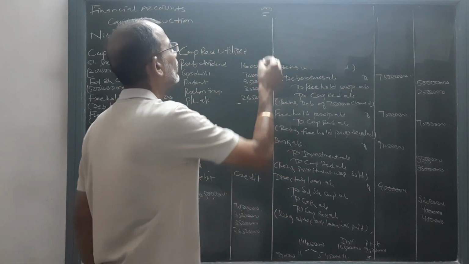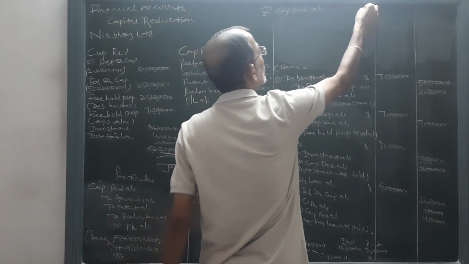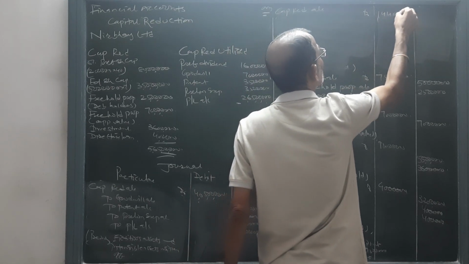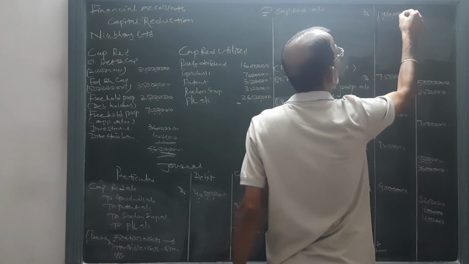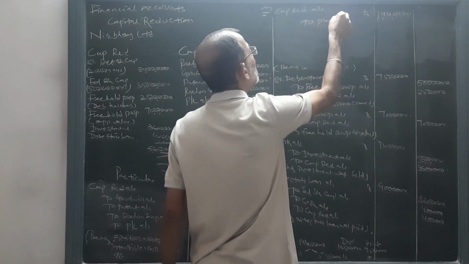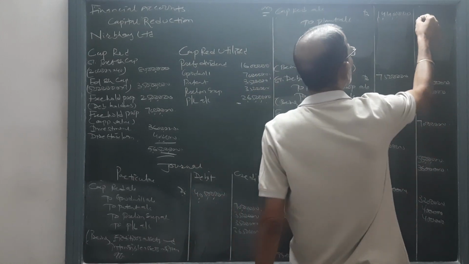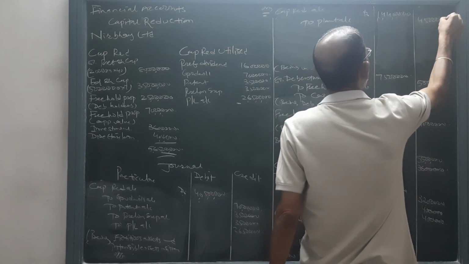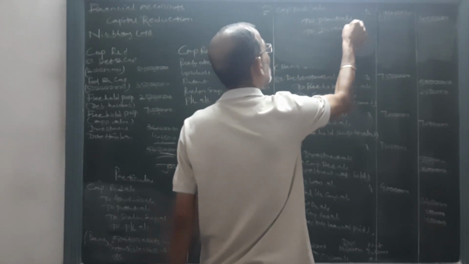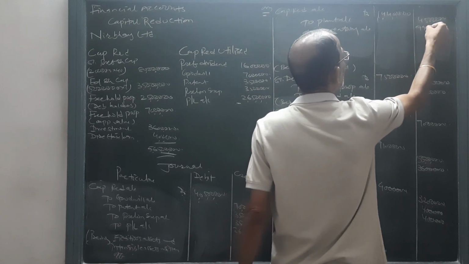So capital reduction account debit 1 crore 44 lakh to plant account 45 lakh, and to inventory account 99 lakh.